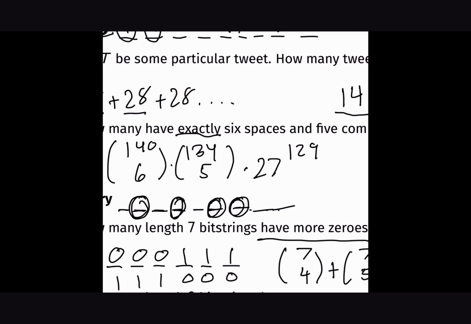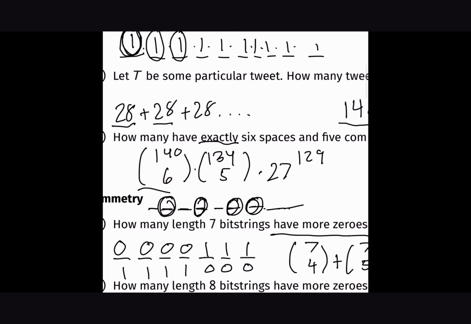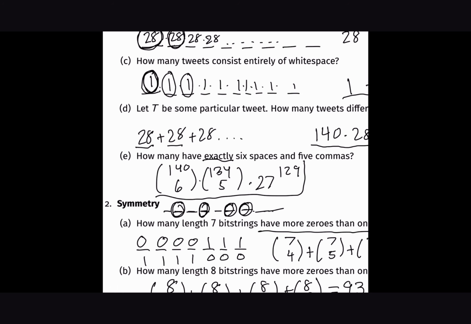So now we can just fill in the rest of the blank spaces with any other character. Given that we already used spaces and commas, now we only have 27 different characters left to choose from. So thus we have 27 to the 129th power to represent the remaining spaces, and this concludes the answer to how many messages have exactly 6 spaces and 5 commas.